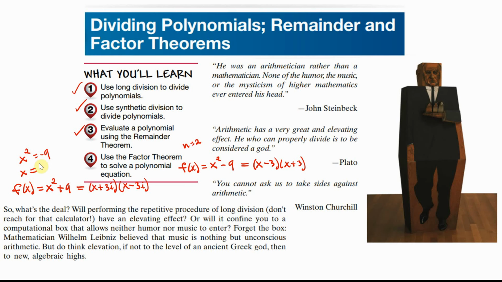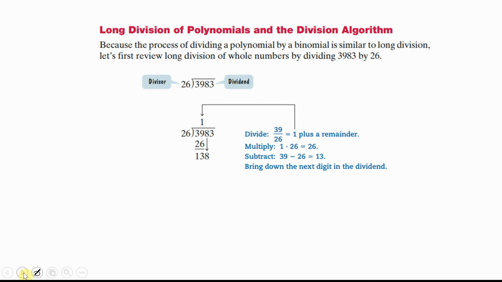Take the square root of both sides. x is equal to plus or minus i times the square root of 9, which is just plus or minus 3i. So that's all the factor theorem says, I think, in a nutshell. So no need to labor with that.